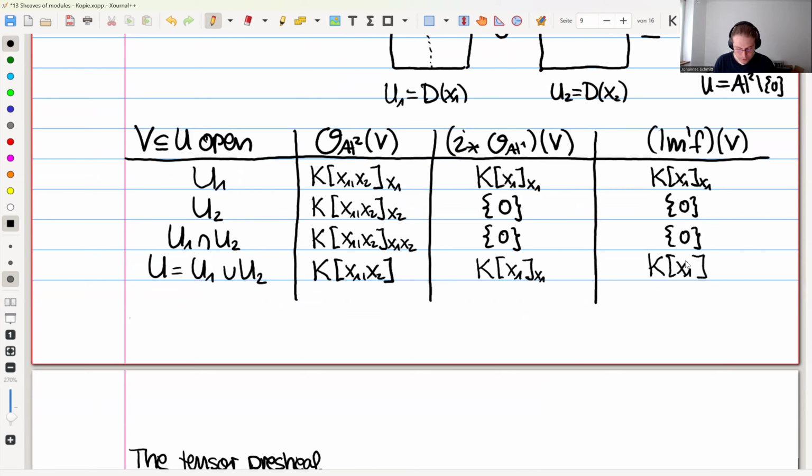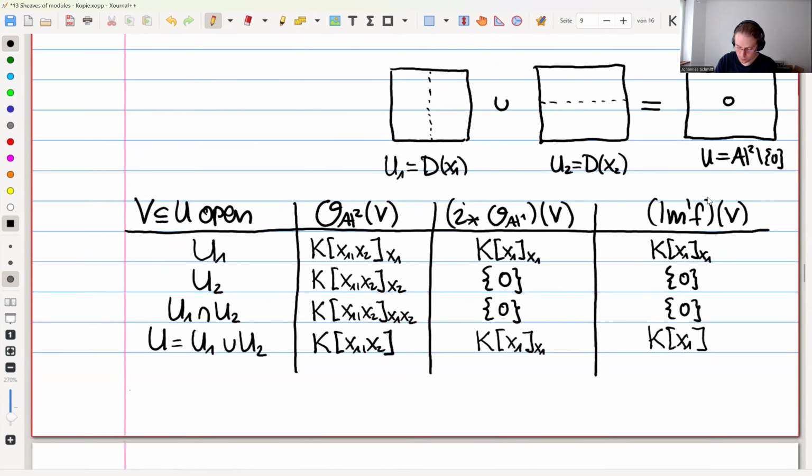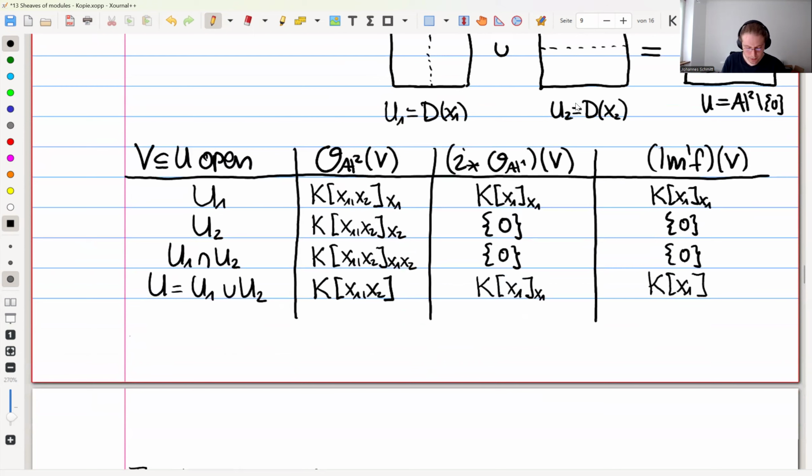So now we know precisely what this image presheaf does on all of these open sets. And why did we fill out these tables? How do we now get the counterexample? Well, we write down two sections of this im prime on these two parts, which agree on overlaps, but which don't glue together to a global section. We write down elements here and here, which map to the same thing by restricting, but which don't glue to something in here.